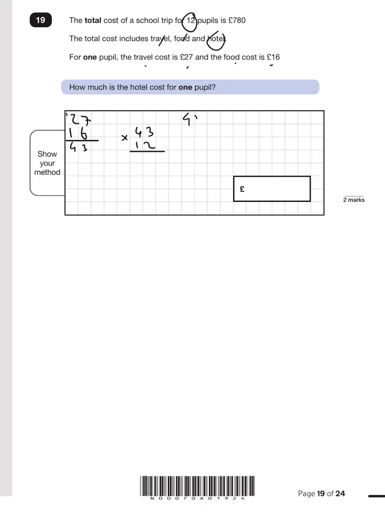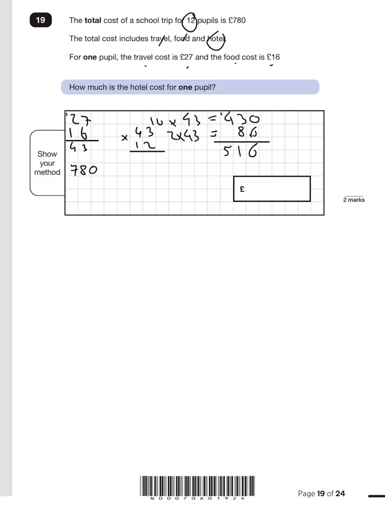I'm going to do 43 times 10 is 430, and then 43 times 2 is 86, and I'm going to add these two together. 6, 8 plus 3, 11, that'll be 5, so that'll be 516.